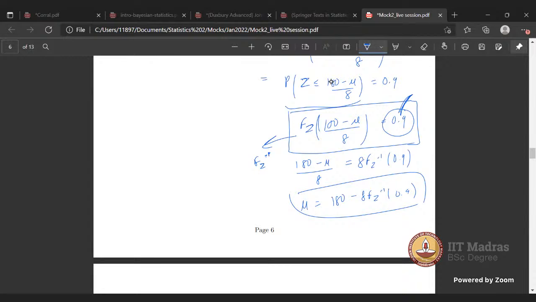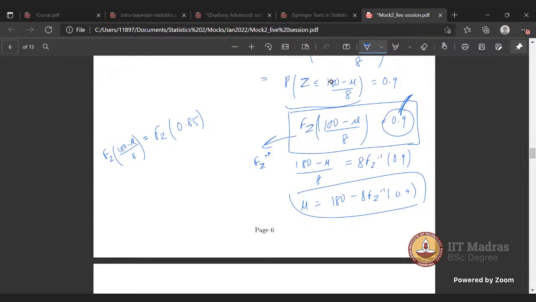Let's assume that it is 0.85. So F_Z of 0.85 is giving me 0.9, and F_Z of (180 minus mu) divided by 8 is this.